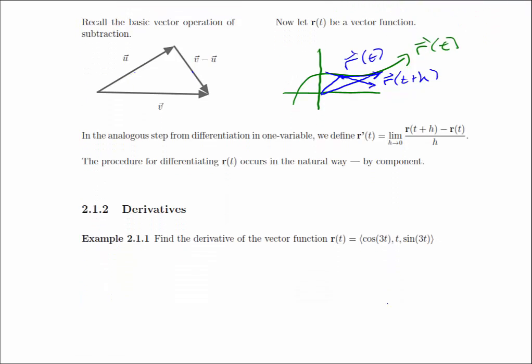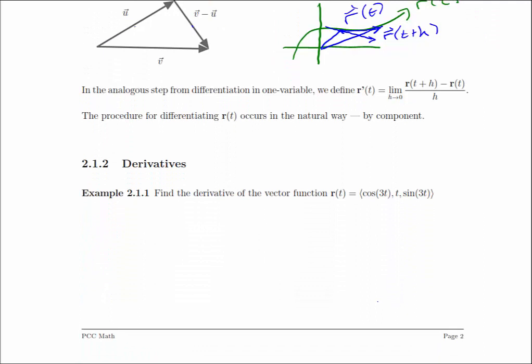So, for example, right here, I want to find the derivative of the vector-valued function r of t equals cosine of 3t, comma, t, comma, sine of 3t.